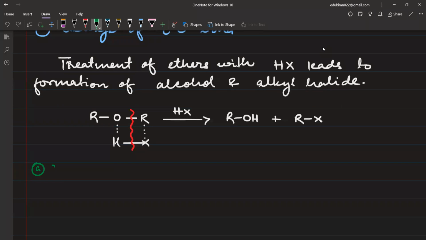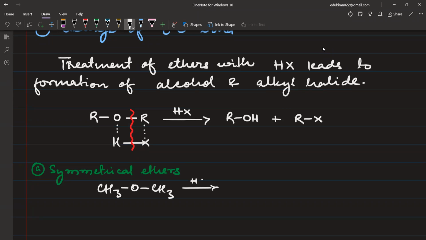So you can write here, if you have symmetrical ethers, then the products are going to be very easy. For example, if you have CH3-O-CH3 and you're having HI, then CH3OH will be formed, and CH3I will be formed.